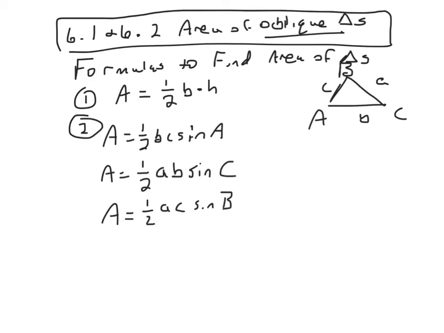Now, another option, let's go to the next slide here, would be if I know all 3 sides. Another way that I can find the area of a triangle is to use something called Heron's formula. And Heron's formula will work if I know all 3 sides of a triangle.